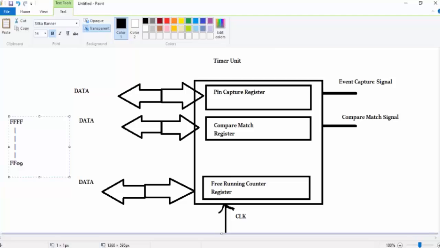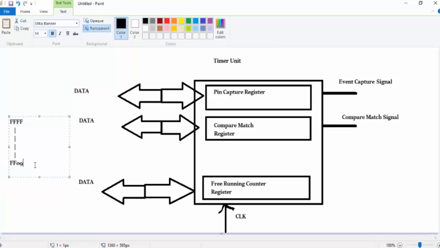In most microcontrollers it will return back to 0000, not to FF09. So again I have to repeat the process: after overflow I have to write FF09 into the register again.